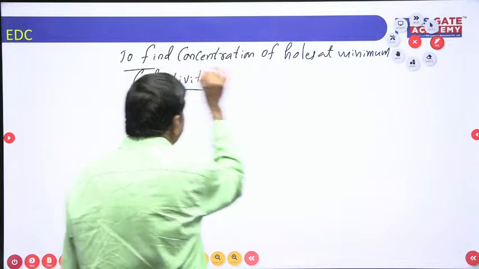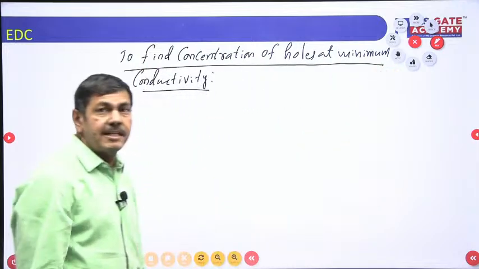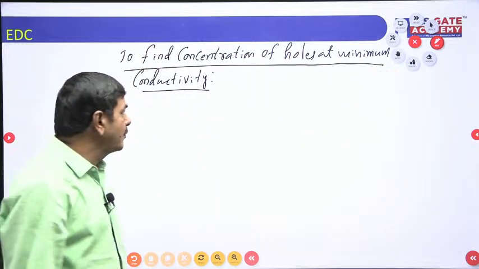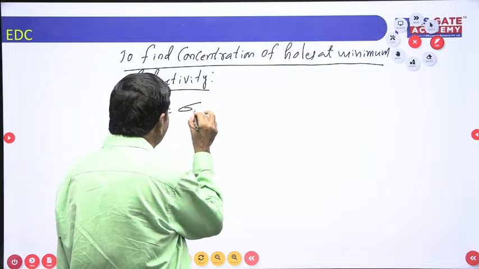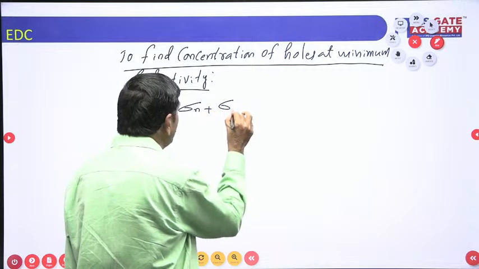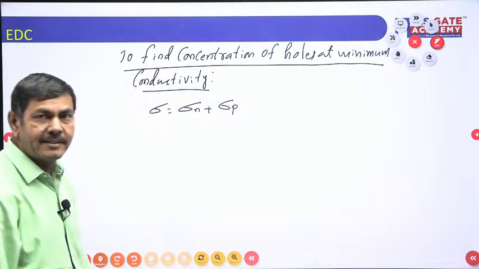The same concept. The total conductivity is the conductivity due to electrons plus the conductivity due to holes.